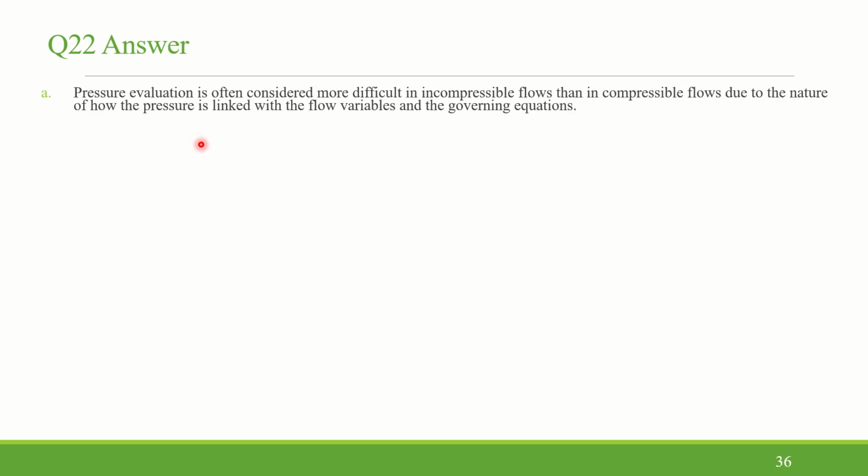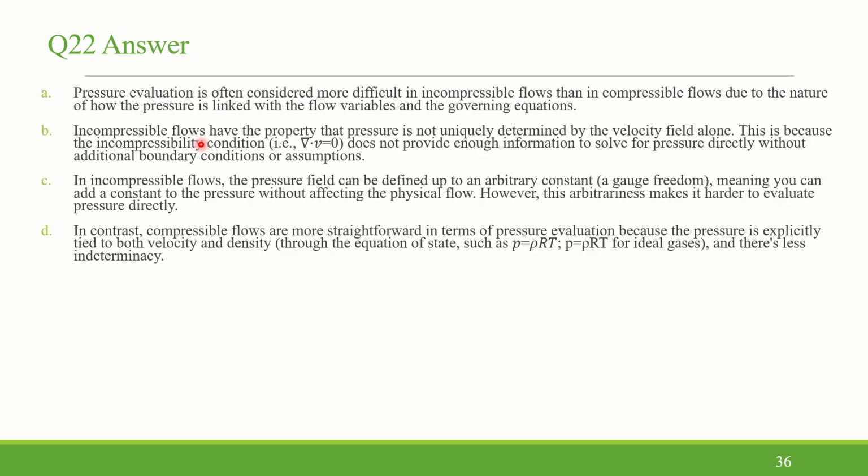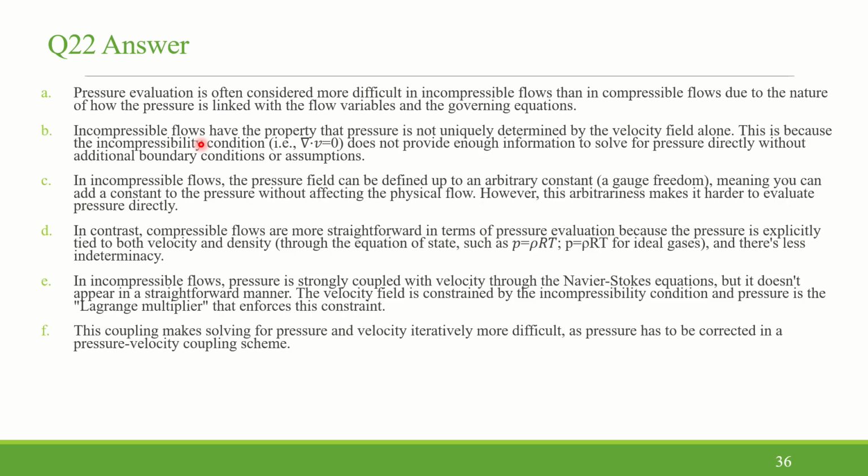Now, pressure evaluation, why it is difficult in incompressible flows. That is what we are seeing. In compressible flow systems where density variation was there, we were getting the pressure through the equation of state. So it was a very straightforward pressure calculation. Whereas in incompressible flow systems, pressure calculation is not straightforward, mainly because pressure and velocity are coupled in the Navier-Stokes equation, the momentum conservation equation, but pressure is absent in the continuity equation.